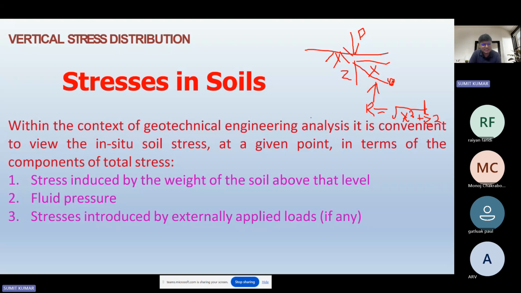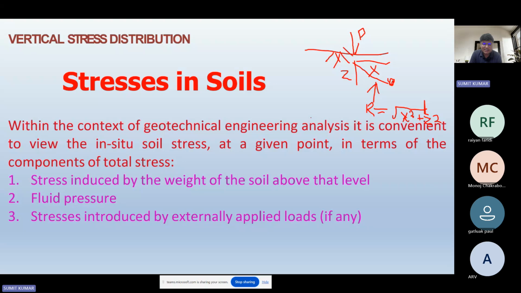So starting with the basic thing, like whatever is written over here: within the context of geotechnical engineering analysis, it is convenient to view the in situ soil stresses at a given point in terms of components of total stress. As you remember in the previous class, in the topic of total stress, pore water pressure, and effective stress, we first calculated the total stress approach.